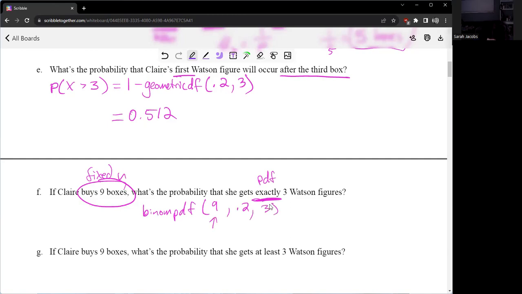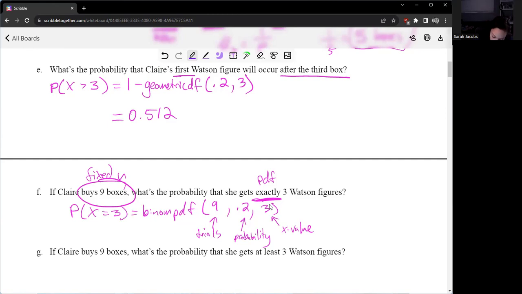So this is our trials. This is our probability. And this is our x value. And so you could even set it up that the probability that x is equal to 3 is that.